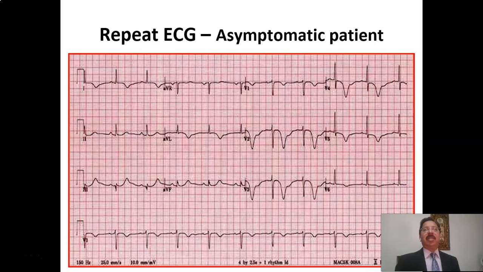This house officer should get the reward of a hero because he is going to save the life of a person. When the patient was asymptomatic, this ECG was recorded, and you see very deep T wave inversion in leads V2, V3, and V4, even extending to V5 and V6, I and aVL, but most significant in V2, V3, V4.